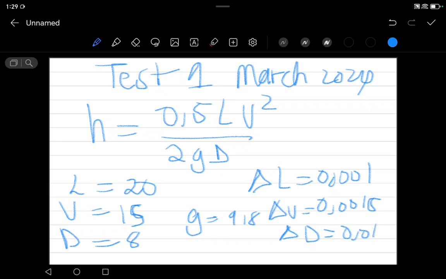So I want you guys to give me the formula for the absolute error of H. How are we going to write the absolute error formula for H? Remember, our variables are L, V, D. We have variables here. How are we going to write the absolute error equation?